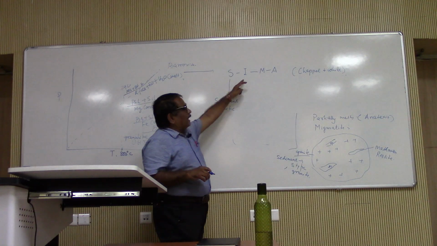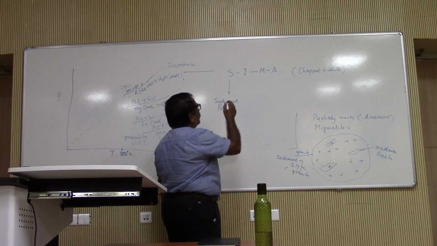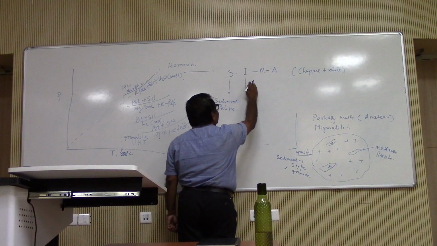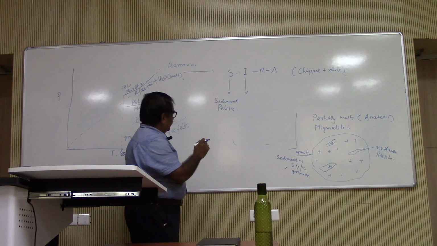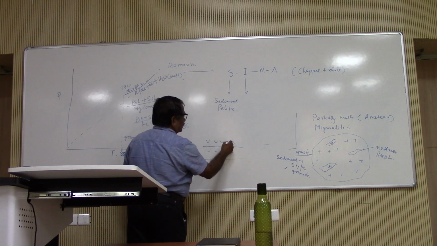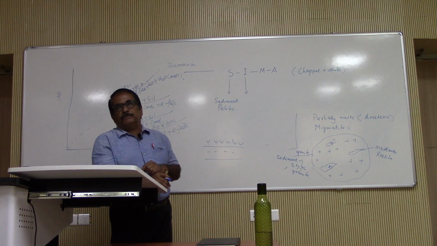Now this I-type granite is also by melting, partial or complete melting of a basic igneous rock. I told you, in a sedimentary basin there will be sediments, and there will be volcanics. This is part and parcel of the basin composition.